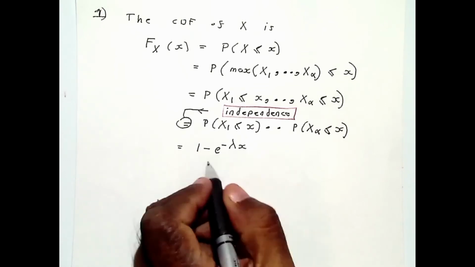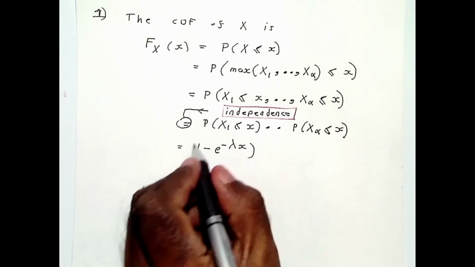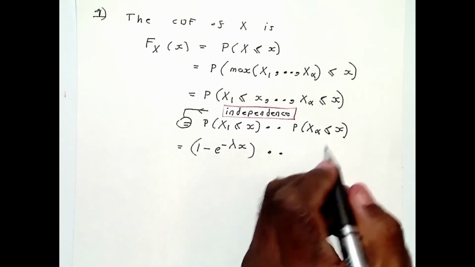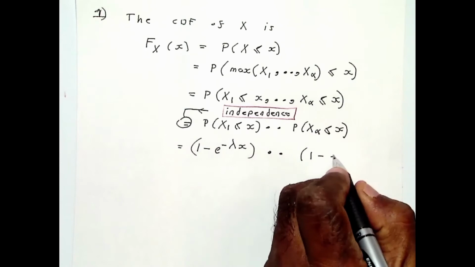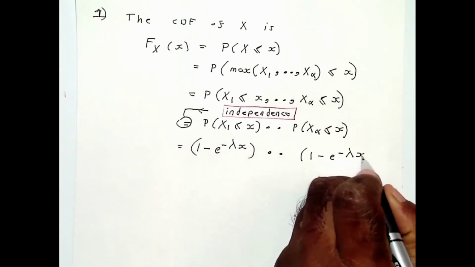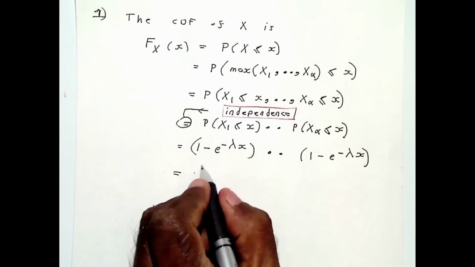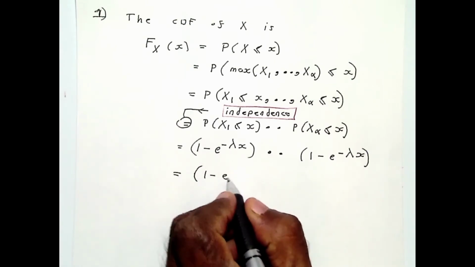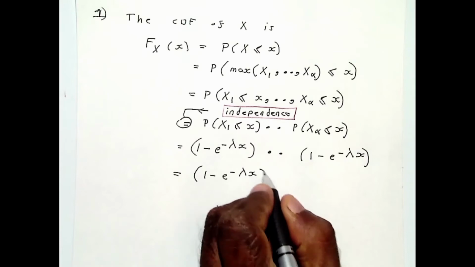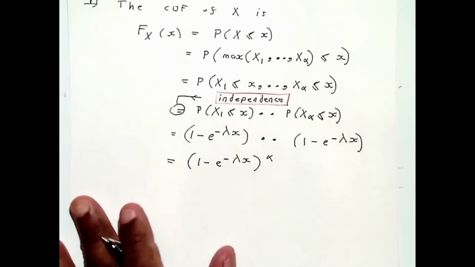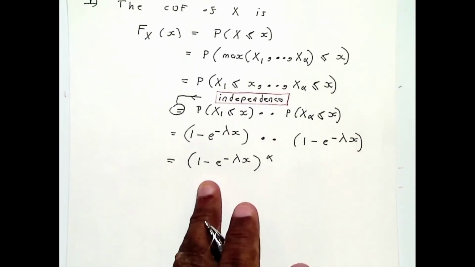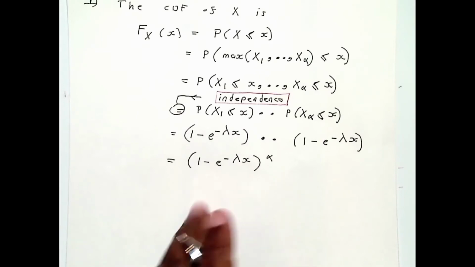So this is the CDF of this guy here, and the same thing for this. All right, so you've got the same thing repeated alpha times. So the final answer is this. This is the CDF of the most expensive asset.